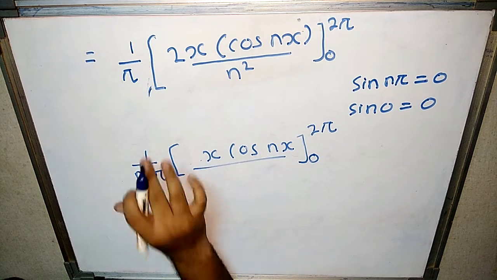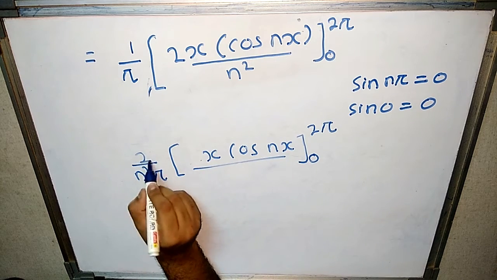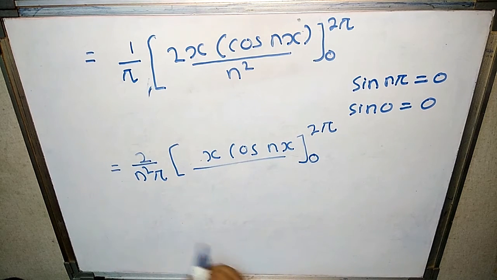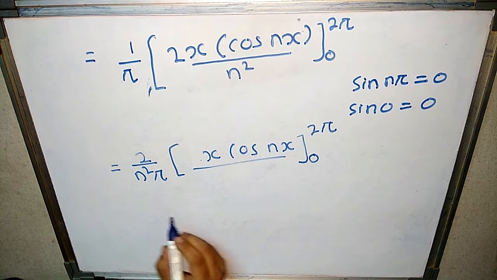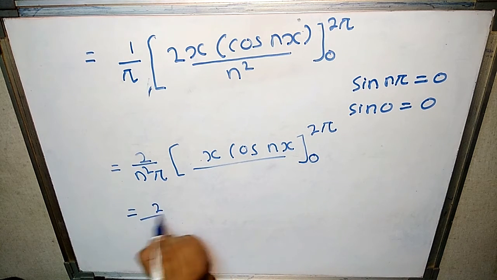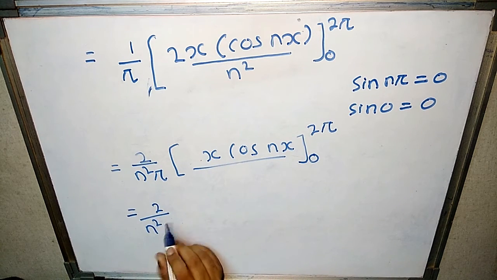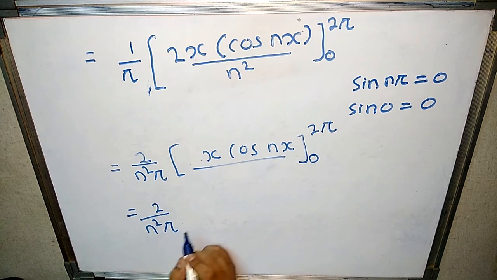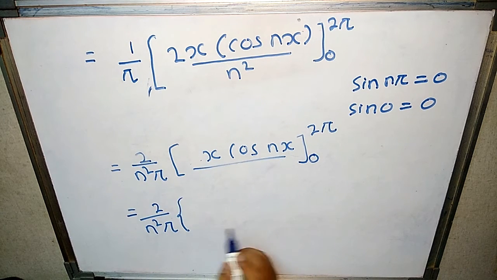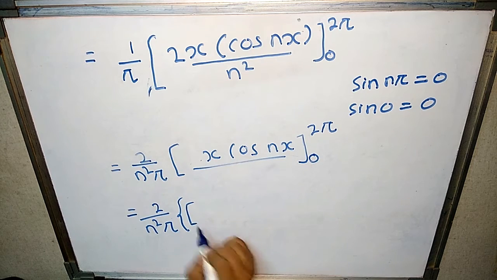This 2 is also constant, so we can take this outside. So give curly brackets, make 2 brackets.